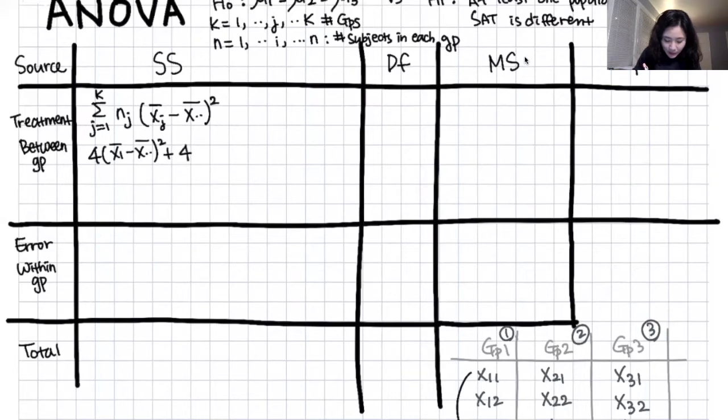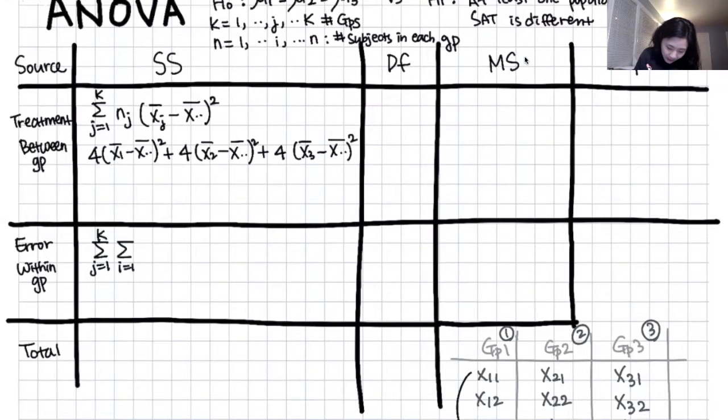Second group, there are 4 subjects, second group mean minus grand mean. There are 4 subjects in the third group, x3 bar minus x dot dot bar squared. And the sum of squares error can be written as the sum over number of groups and number of examinees of xij minus each group mean squared.